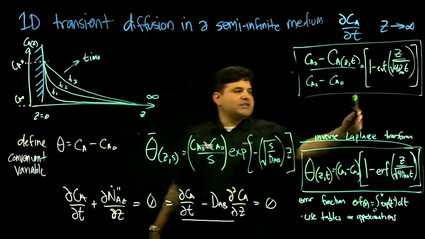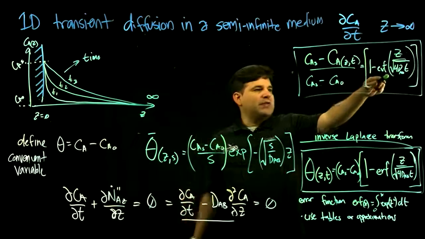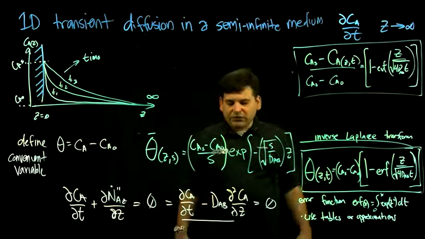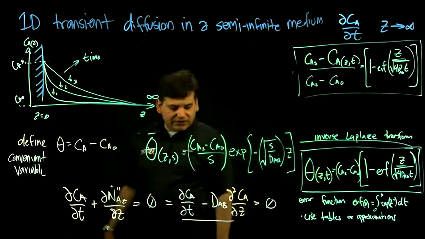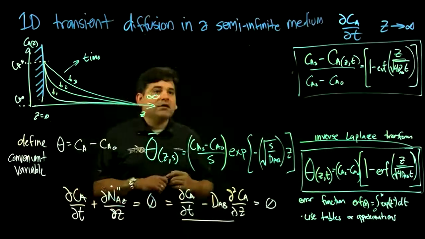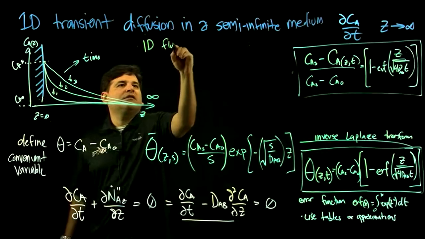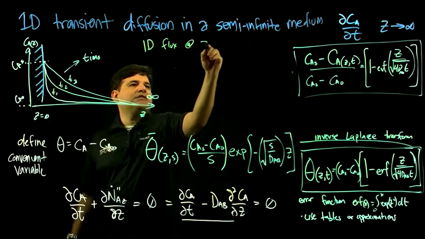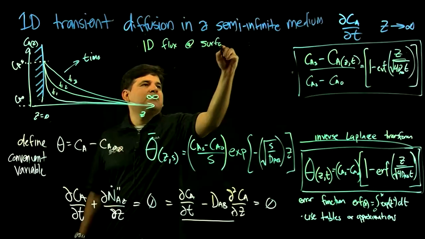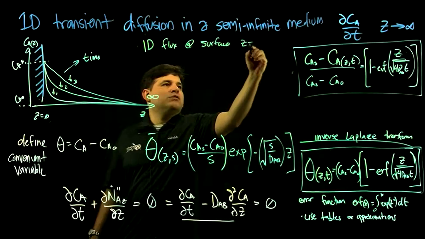And that gives this analytical function that you can look up in tables or use an approximation to get a number. There are various approximations for the error function. Okay, another property here: what is the 1D flux at the surface, z equals 0?